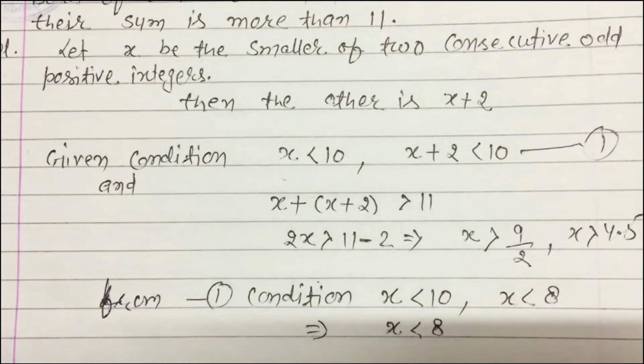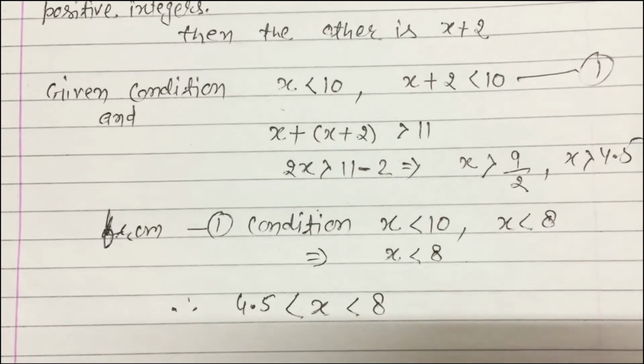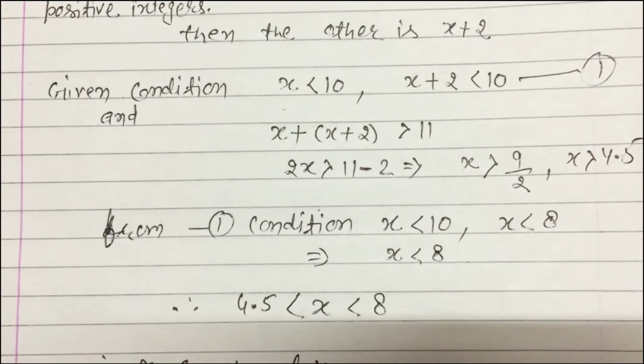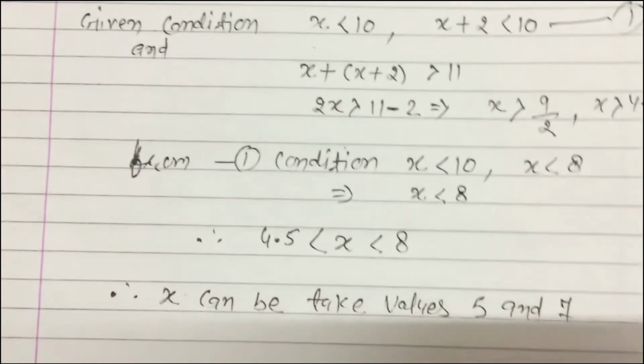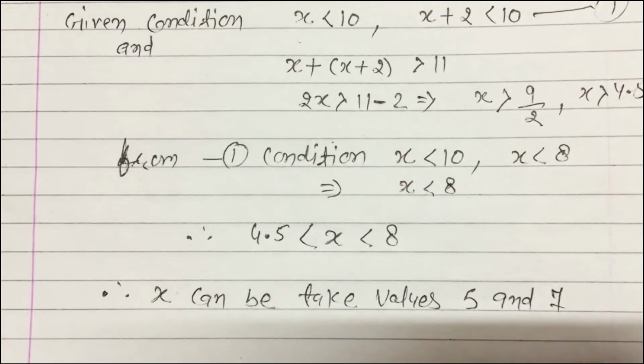Now x is greater than 4.5 and less than 8, and x is an odd number. So x can take values 5 and 7 only.